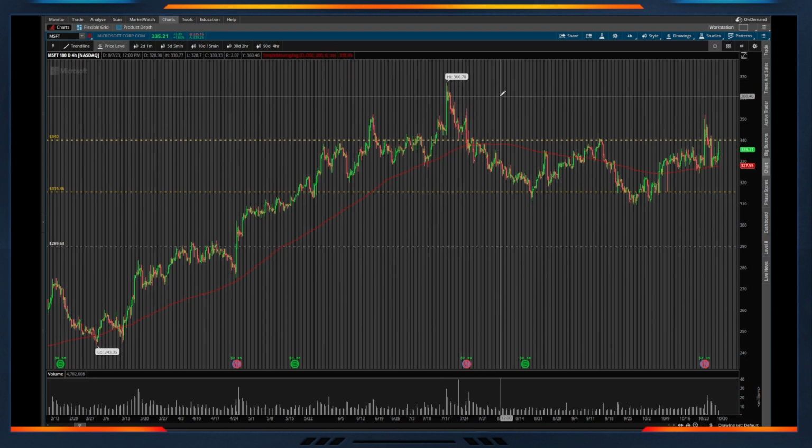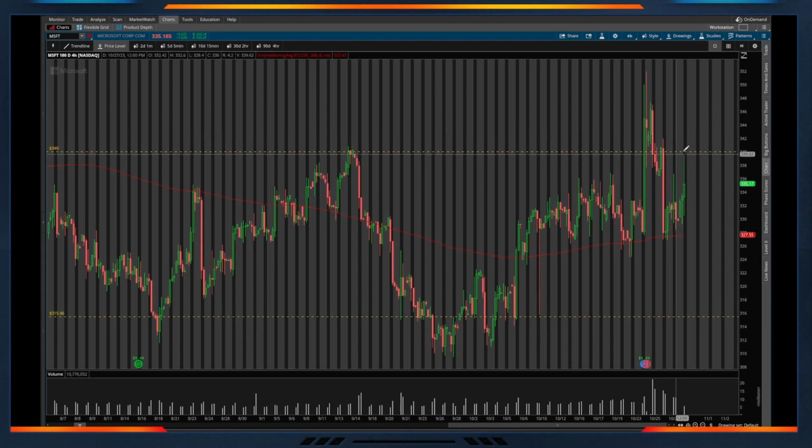What I'll typically do with these options trades is play them somewhere in the middle here. If we zoom into the last few weeks on Microsoft, we can see it's really in kind of a channel between 315 and 345-ish, where we'll test these support levels and then rally up to the resistance levels, but we're staying within this range.